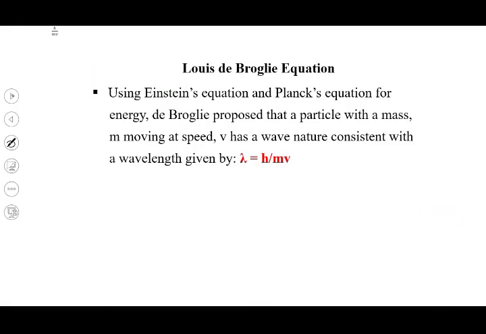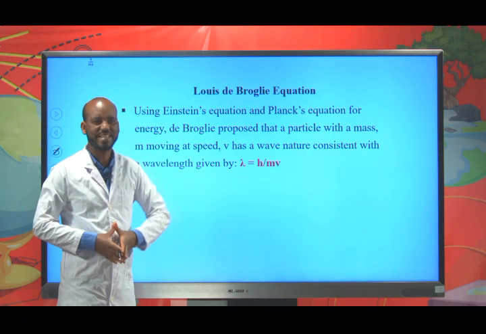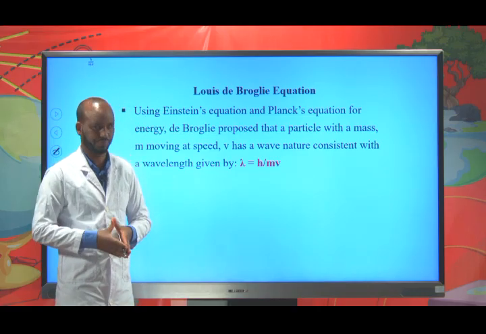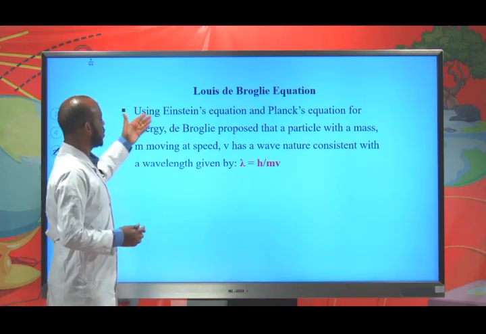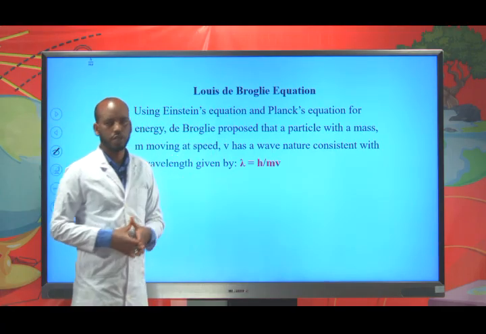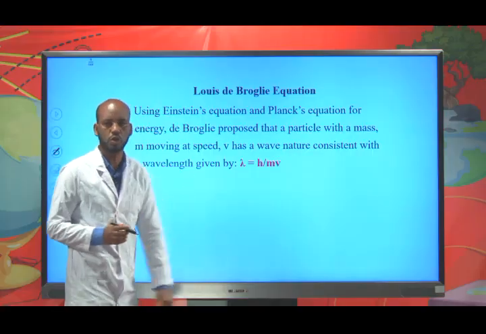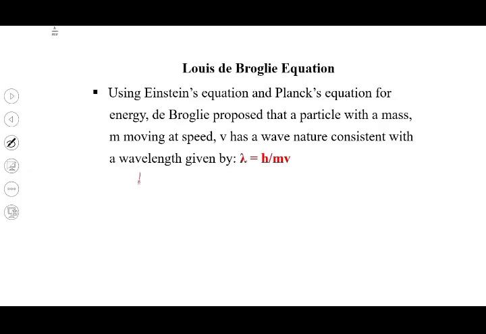The de Broglie equation enables us to calculate wavelengths of particles. Albert Einstein derived a famous equation, which is energy equals m times c squared.